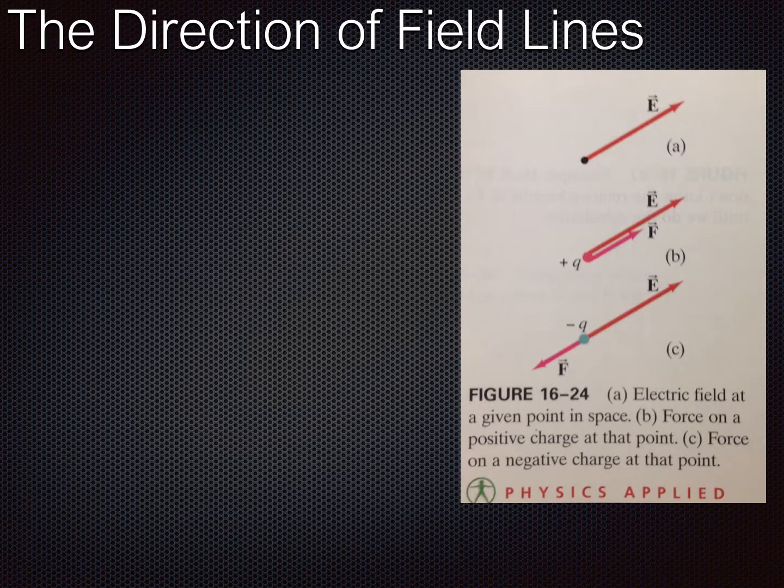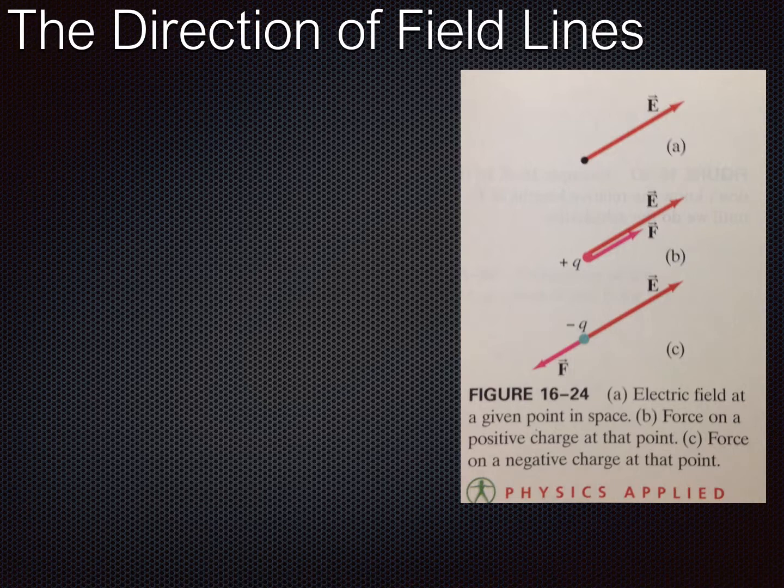Okay, so the direction of the field lines is all about the positive test charge. We talked a little bit about this before, and you see the example on the right that if the electric field is pointing towards the upper right direction, if we were to put a positive charge there, then the electric field goes in the same direction that the electric force would on that charge.